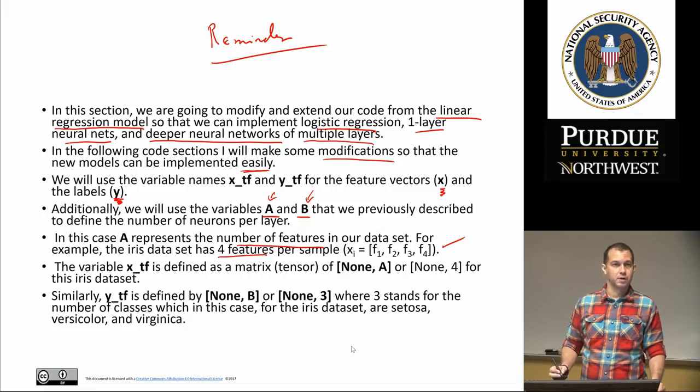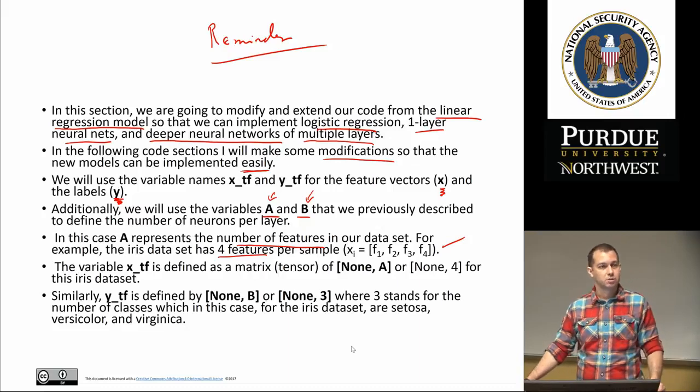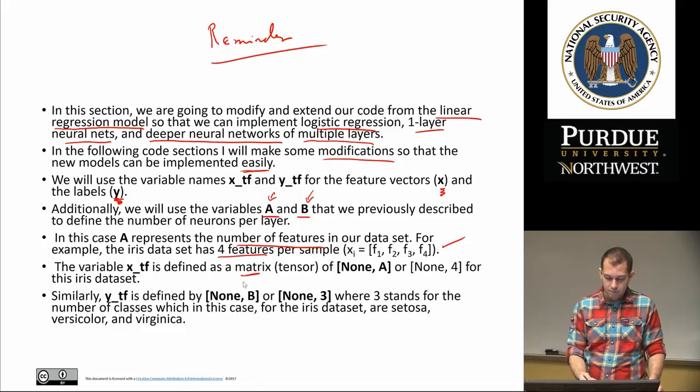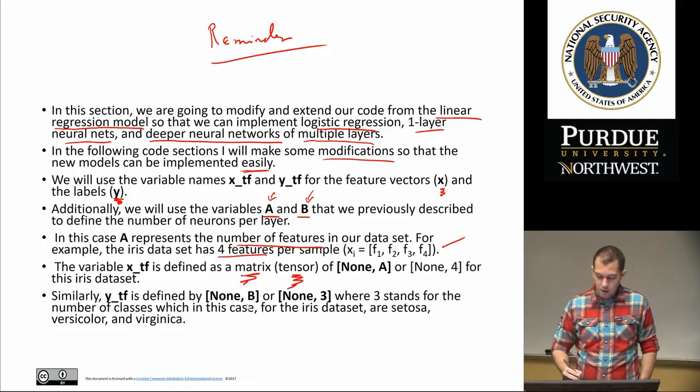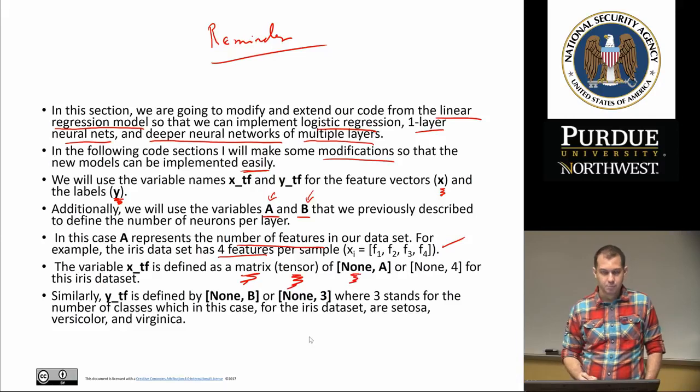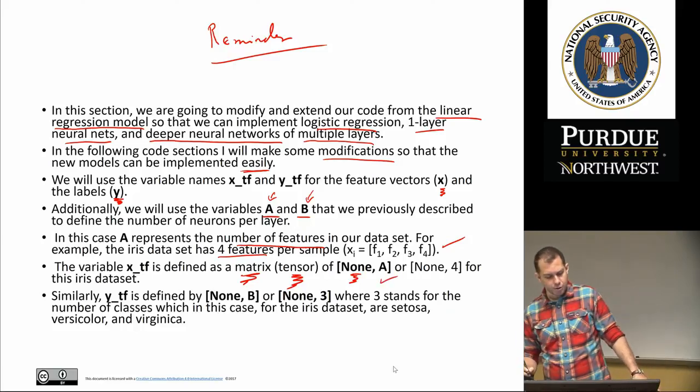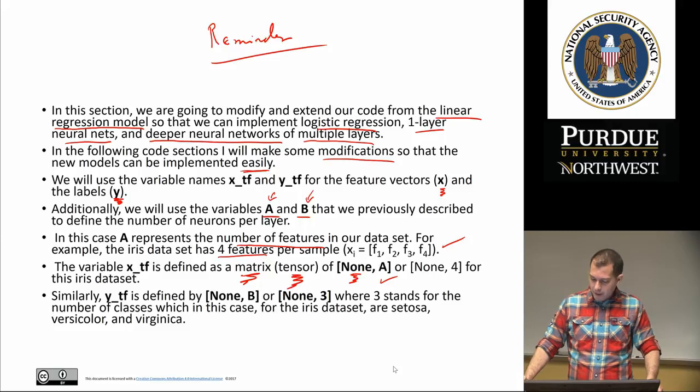The variable xtf is defined. Remember that TensorFlow gets its name from the fact that it's a computational graph where tensors flow through different points where you have functions, etc. So the variable xtf is defined as a matrix, or if you want to follow the naming convention, a tensor of shape none, a. Remember that this is a placeholder, so it has none values here for the rows. That's equivalent to the number of samples. And then you have a, which should indicate the number of features.